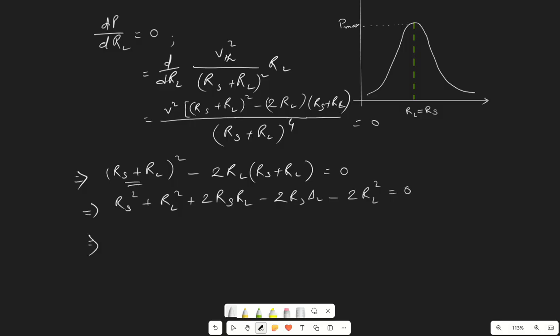After cancelling, what we have is RS square equals RL square, so that means the value of RL should be equal to RS, right?